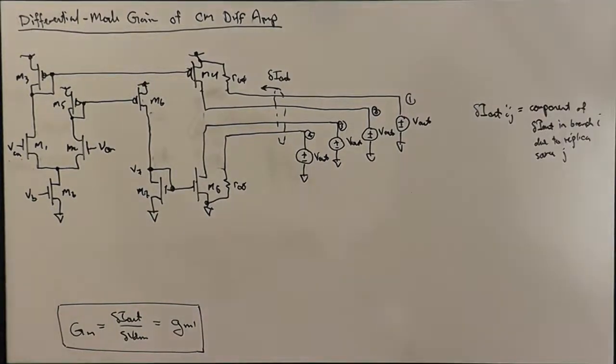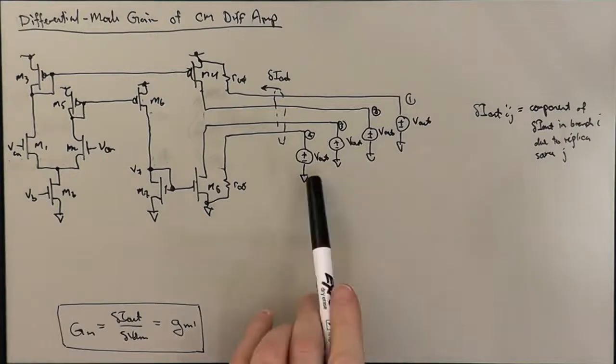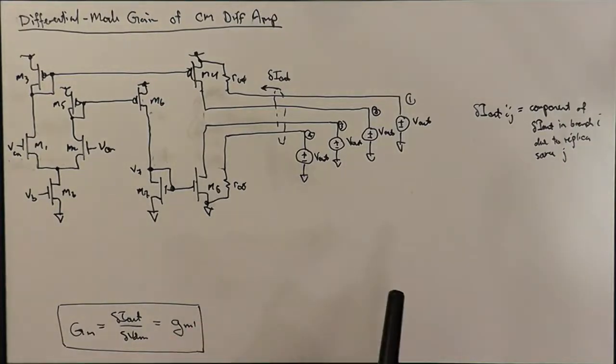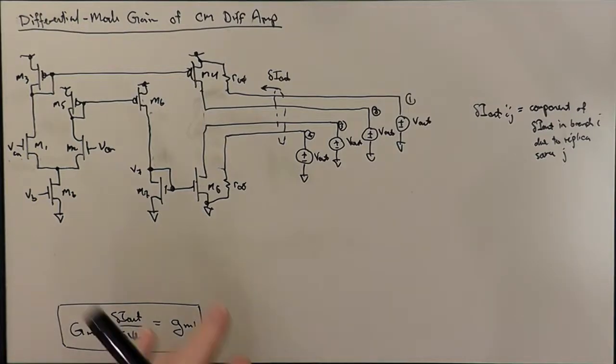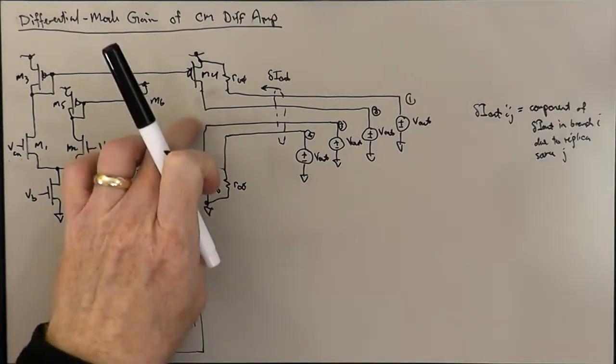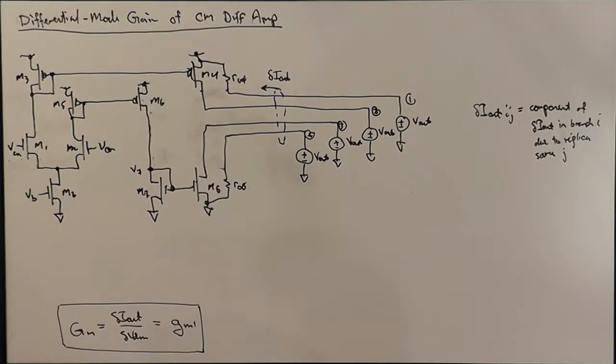Okay, and so there are 16 possible components of delta I out. 4 branches, 4 replica sources. We could have, in principle, 4 for each of the replica sources. But in practice, we're going to find, just like we did with the 5 transistor diff amp, that most of these are going to be 0. And that matrix of components, if you want to think of it as a matrix, is going to be very sparse.